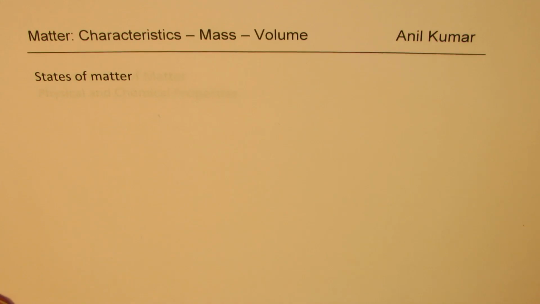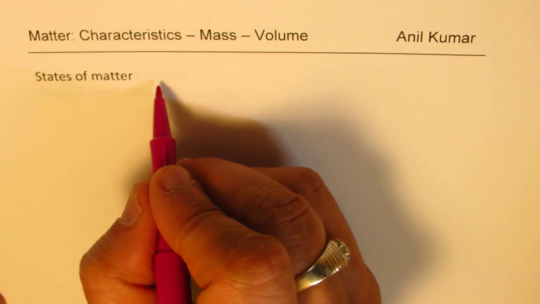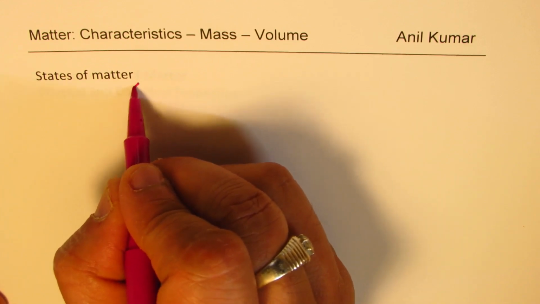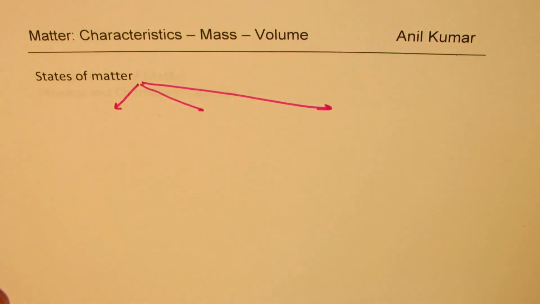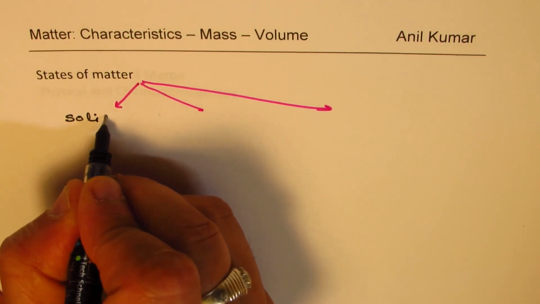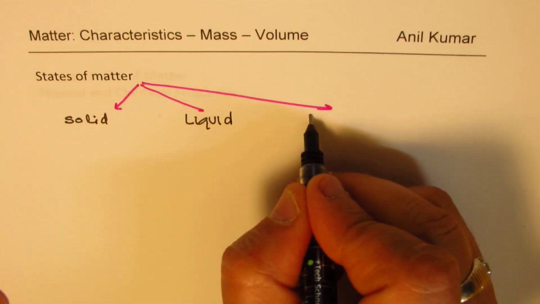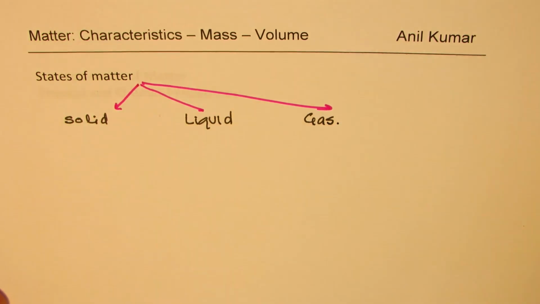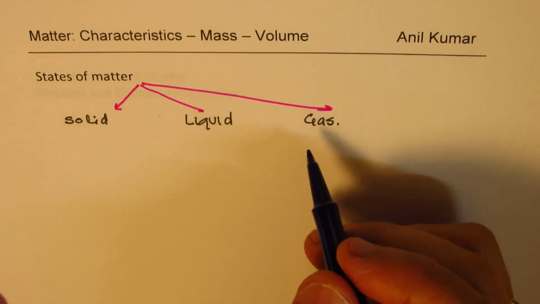Now when we talk about matter, we say matter has three states, right? So the states of matter basically are three. So there are three different states of matter. Let me list them here. We say solid, liquid, and gas. So these are the three states of matter. Now exactly how are they different?